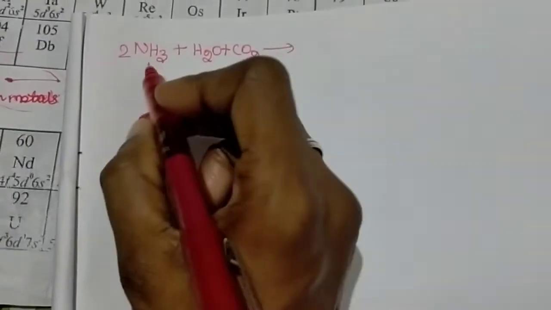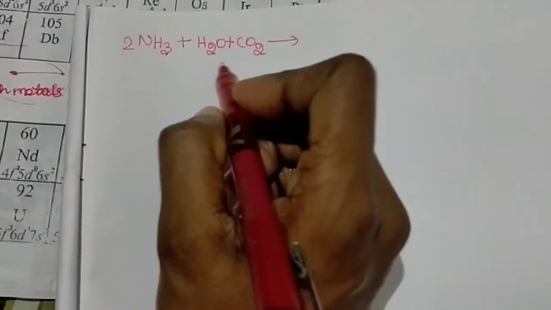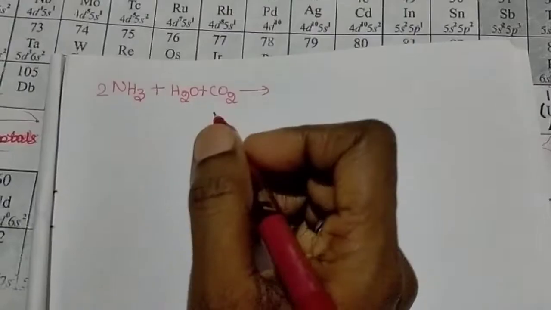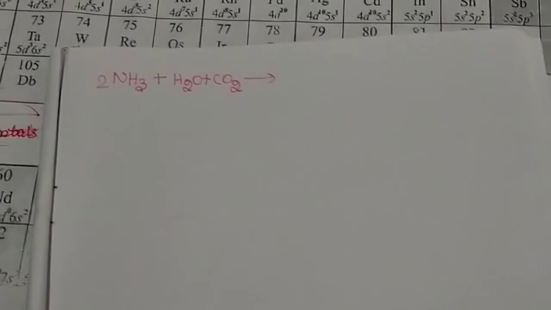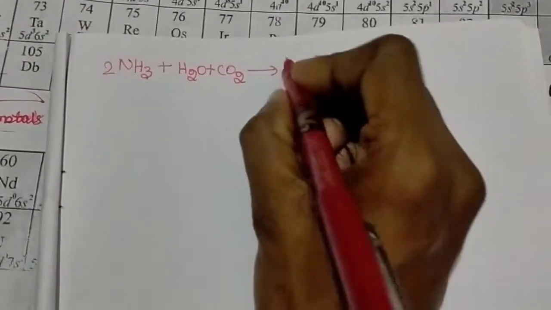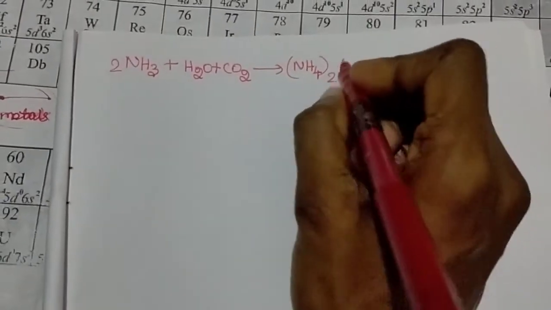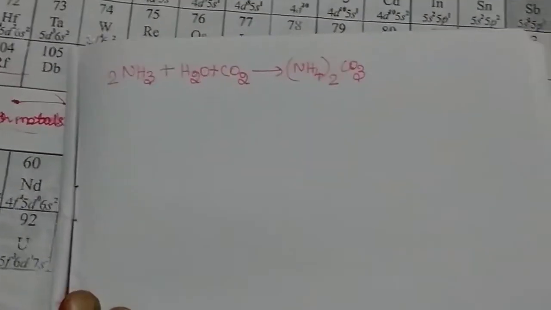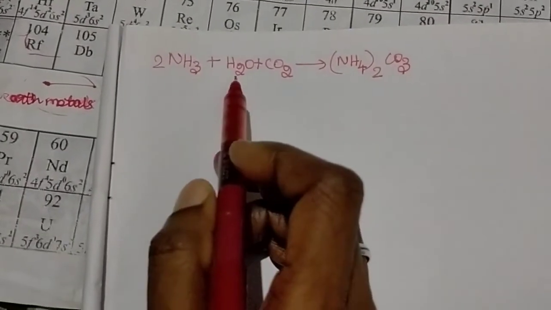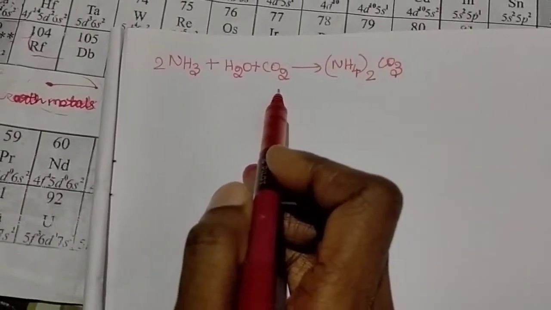Now this ammonia is converted into ammonium carbonate. So what is the formula of ammonium carbonate? (NH4)2CO3. Now see this reaction: 2 moles of NH3 treated with H2O and CO2.